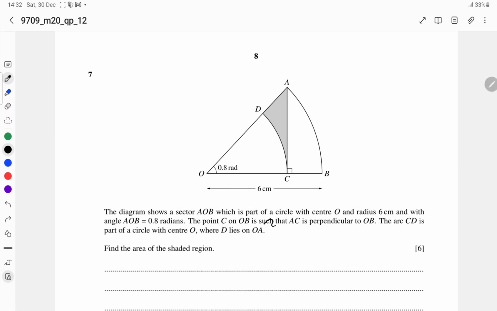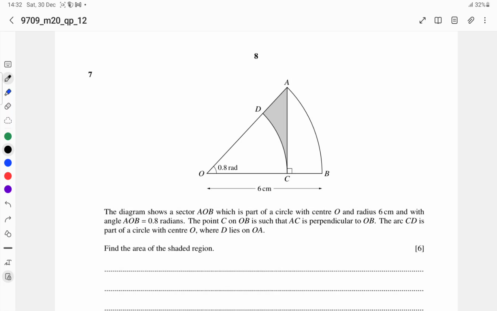So what's the information given? The point C on OB is such that AC is perpendicular to OB. The arc CD is part of a circle with center O, where D lies on OA. Let me think what we can do. Interesting question.